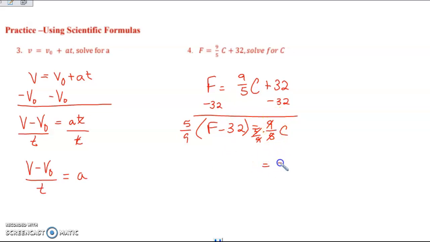So C is by itself, and if I take 5/9 times the Fahrenheit minus 32, I would get my degrees in Celsius. I'm going to leave it like that because this formula works better this way. It gets to be very messy if you continue on, and this is really all the further you need to go. If you have any questions, please come see me.